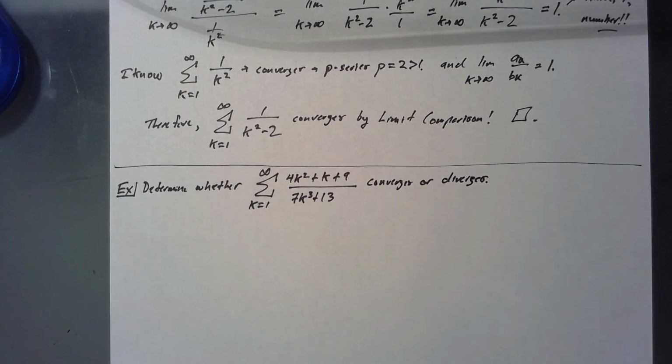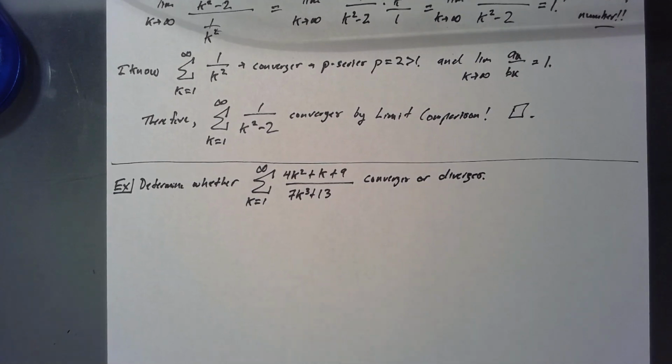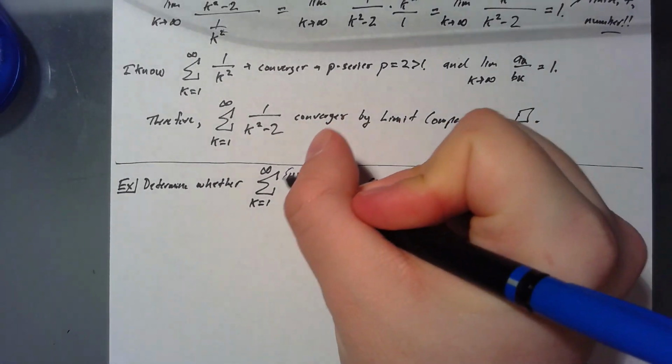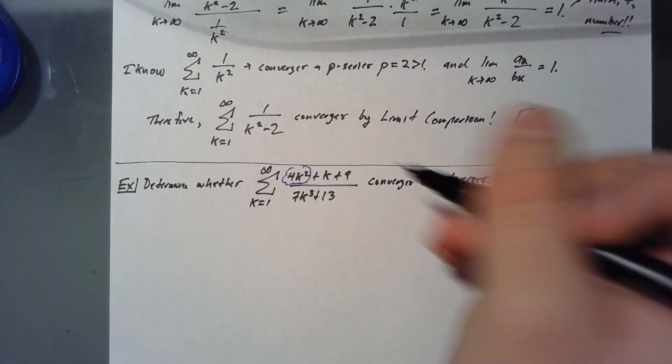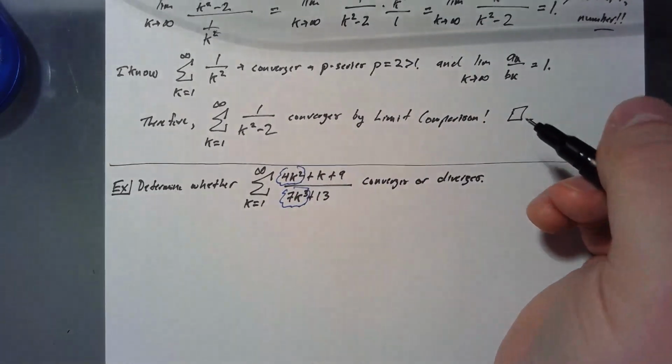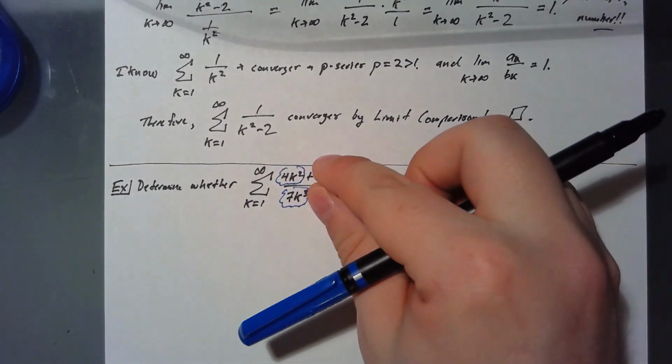Okay, so this is the series 4k squared plus k plus 9 over 7k cubed plus 13. Now, if I look at the dominant terms, the dominant term in the numerator is 4k squared and the dominant term in the denominator is 7k cubed. So if I look at the dominant terms, I ignore the others.